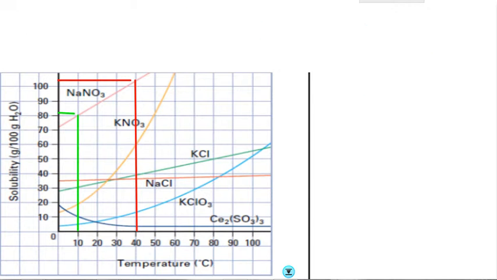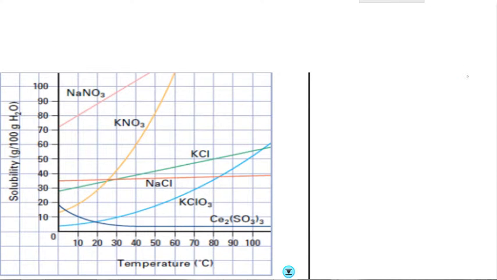Okay, so let's have a look at another type of question that the examiner may ask us here. We'll stick with our sodium nitrate, because you know the trend in all the graphs, apart from this selenium sulfite down at the bottom, which is one that you're unlikely to get asked at GCSE level.